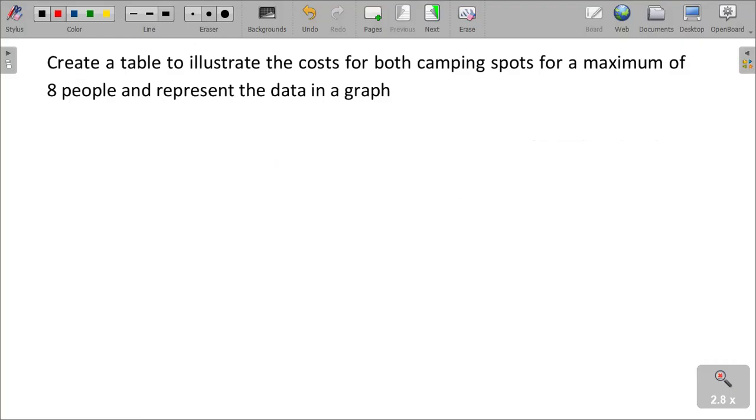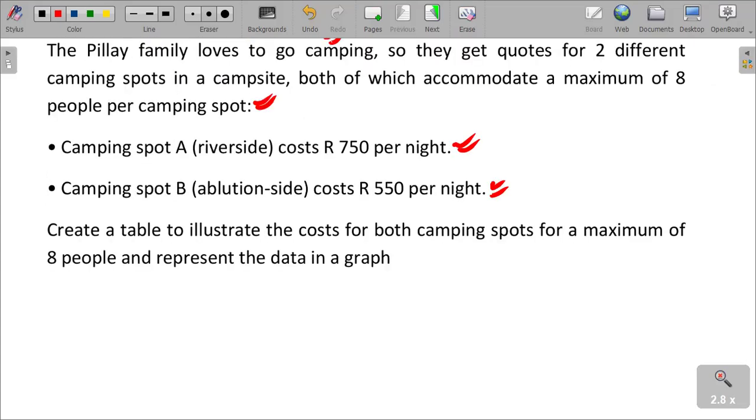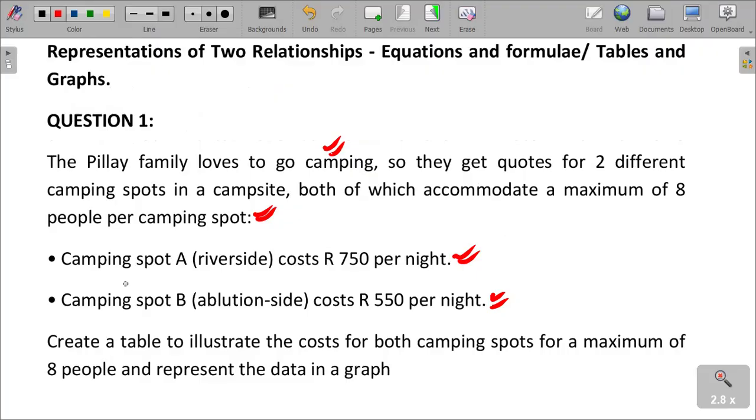From the scenario, we need to understand that it is an example of a fixed relationship where the rate remains the same, irrespective of how many people will be joining for the camp. So irrespective of the number of people in the camp, the cost remains the same. It remains the same no matter how big the family is.